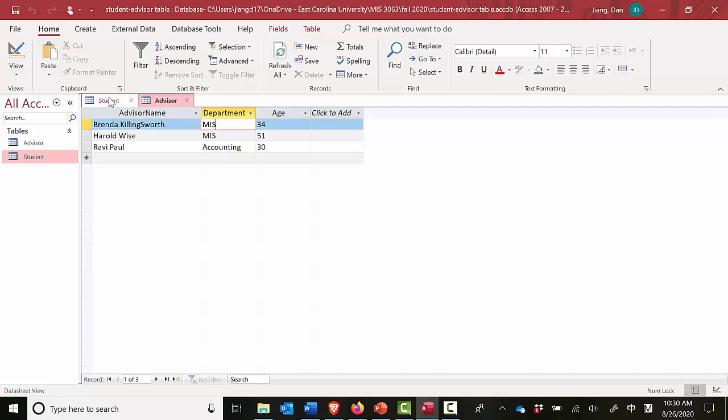So in this case, which column is it? If we look at the student table, it has student ID, student name, major, advisor name, right? And if you look at this advisor table, it also has advisor name, department, and age. So which column is the common column to both tables?